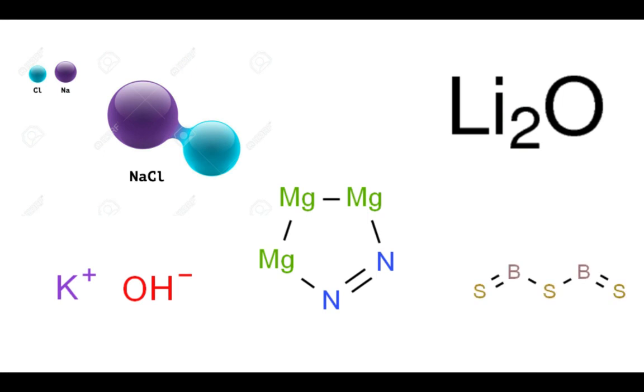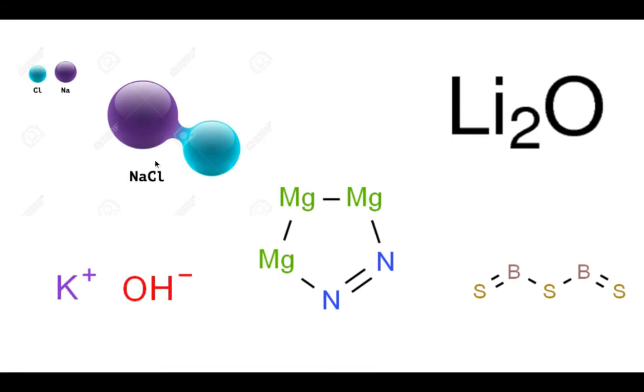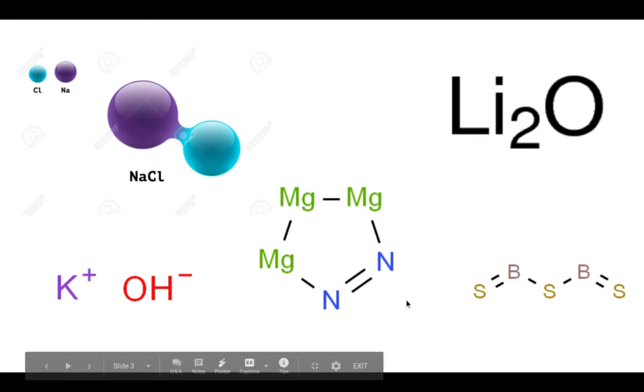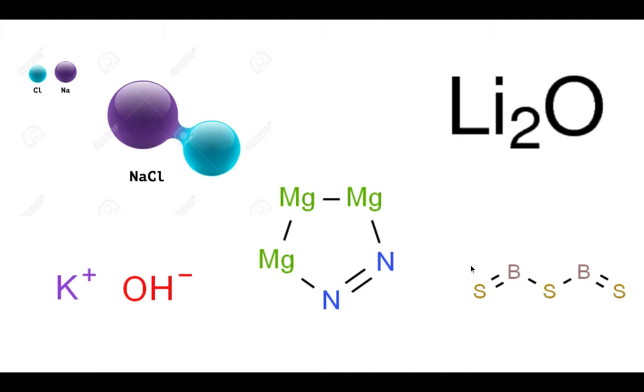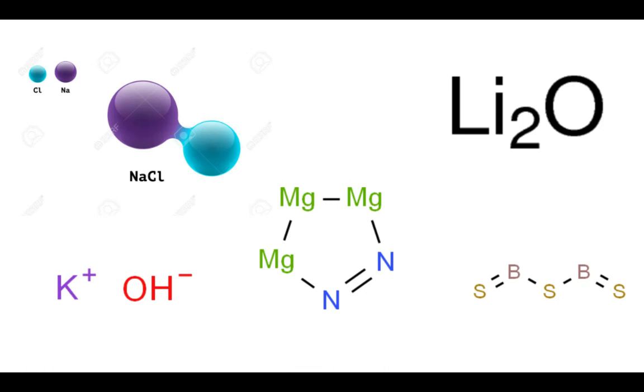And this is boron sulfide, okay? They all look quite different because they're just different ways to show molecules. Here we've just got a picture. These two show atomic structure. Here we've just got formula, and here we've just got ionic formula. So they're just different ways to write compounds.